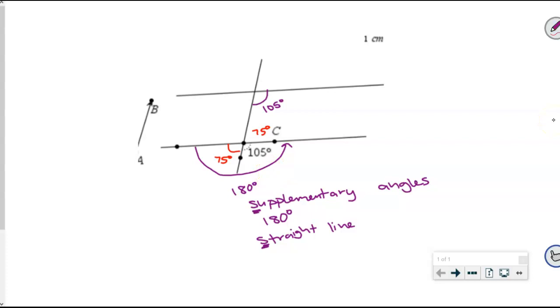Okay, so we're going to continue to use that same property as before, recognizing that this is also a straight line. So that means a straight line has an angle measure of 180 degrees, which means that we have, once again, supplementary angles. There is an additional justification. What is an additional justification that I can use to show that this is 75 degrees?